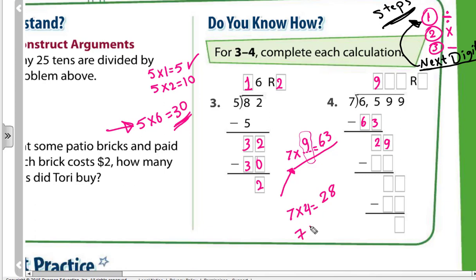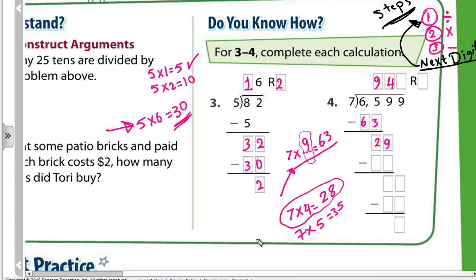But 7 times 5 is 35. So we cannot use 35, so we will use 7 times 4. So what is the quotient? 4.